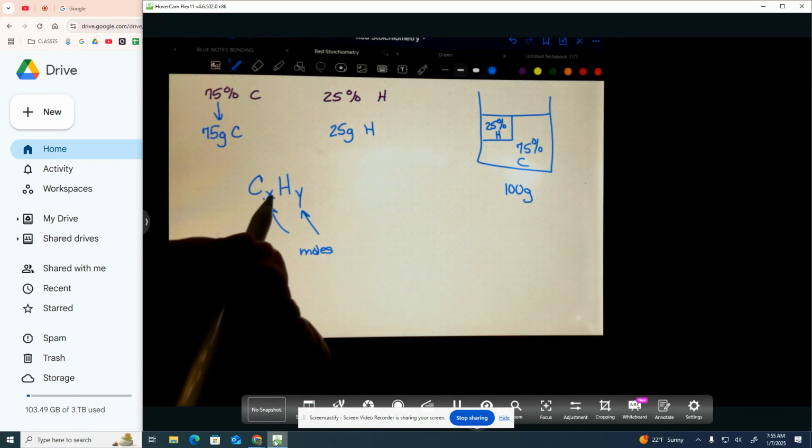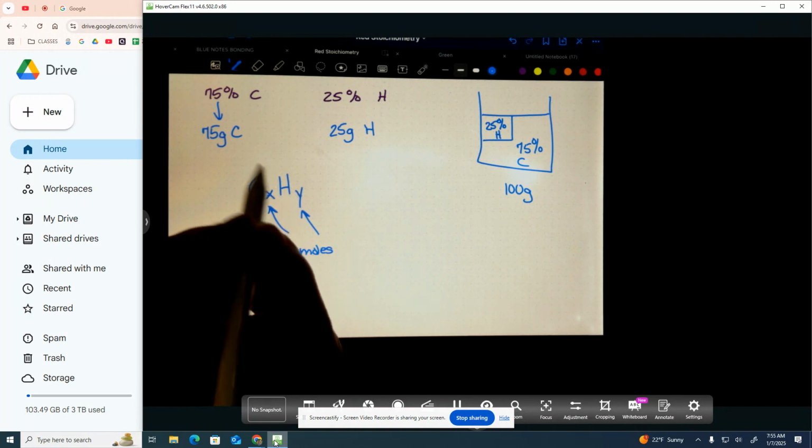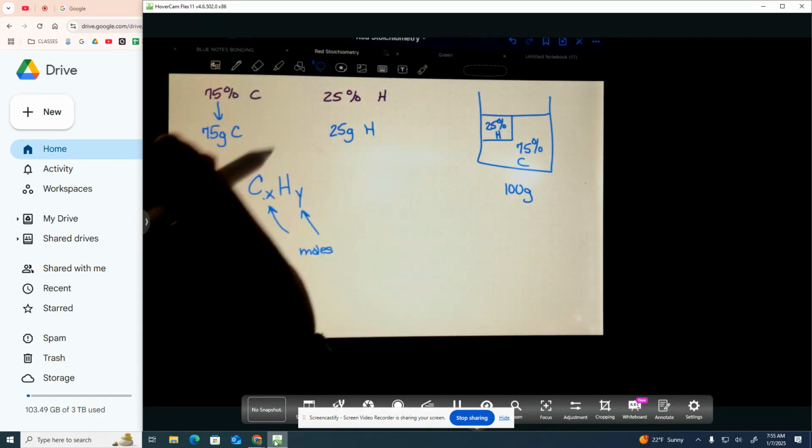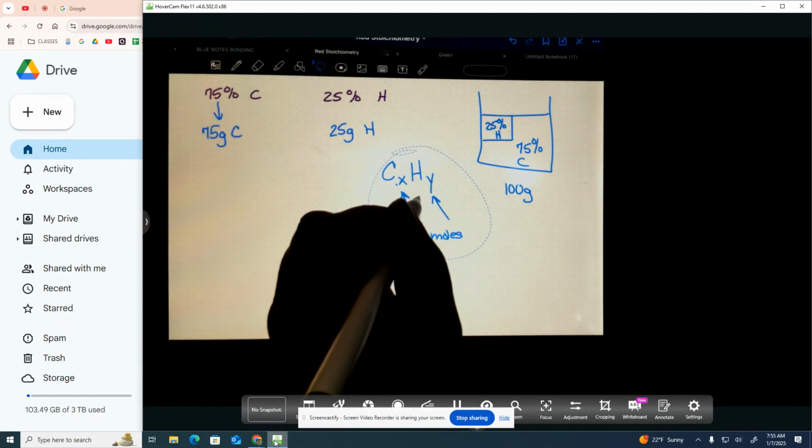If we have moles here and moles here, can we change grams to moles? How do you change grams to moles? Yep, there is a formula for it. What's the formula for changing grams to moles?